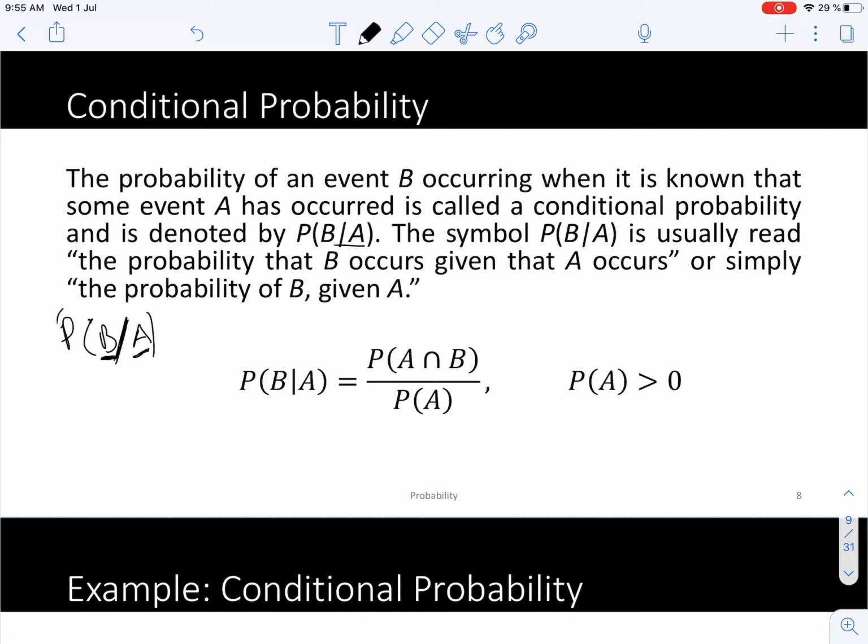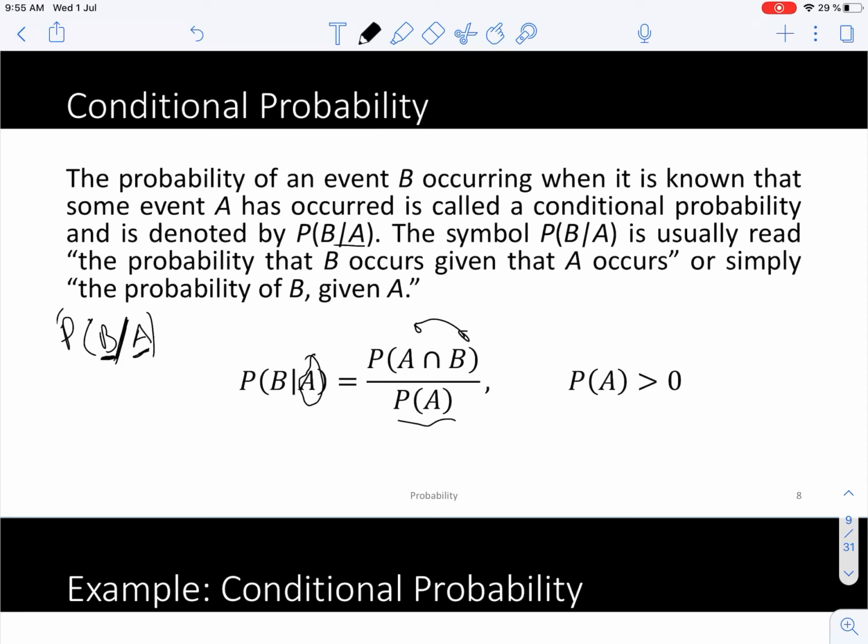There is an equation to update the probabilities and to compute the conditional probabilities. So the probability of B given A is equal to the probability of A intersection B divided by the probability of A, or in general divided by the probability of the event that has already occurred, right? Here the order doesn't matter in the intersection.